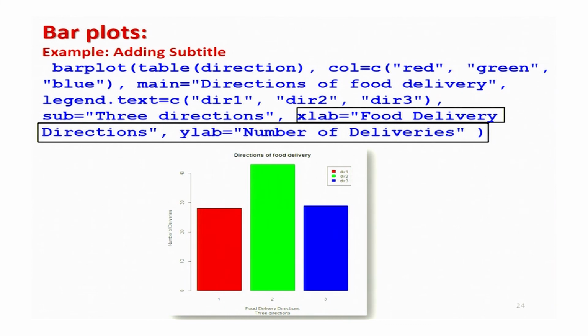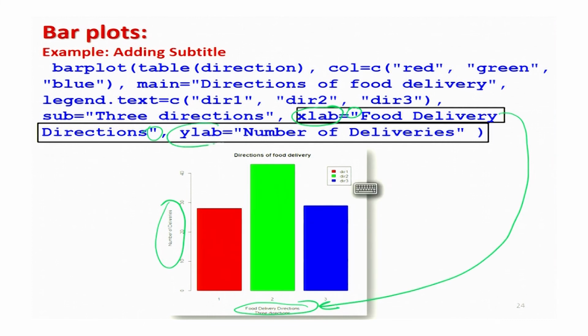Let's look at the graphic. On the x-axis I have added delivery direction, on the y-axis I have added number of deliveries, and in order to do it I am using the command xlab, and then within double quotes I write food delivery directions, which is produced here, and then I write ylab is equal to number of deliveries, and it is produced here.